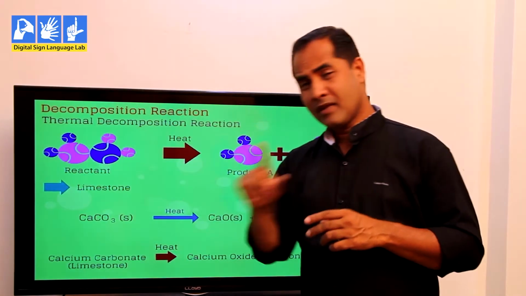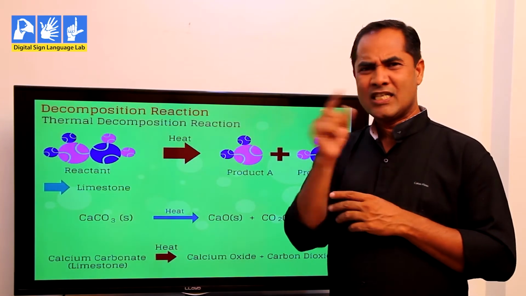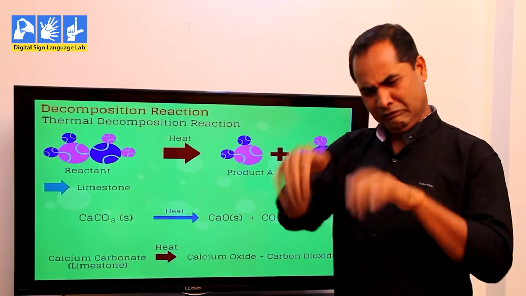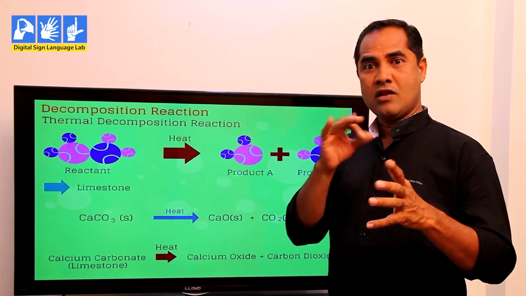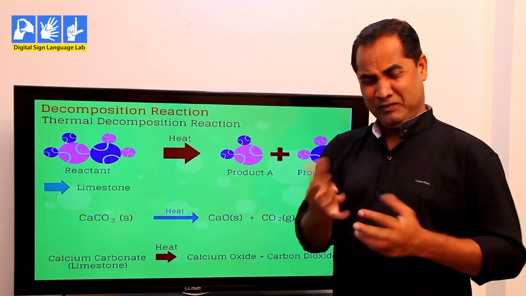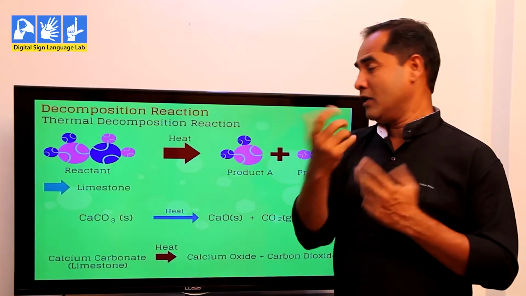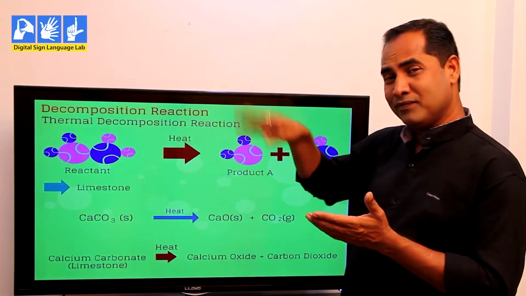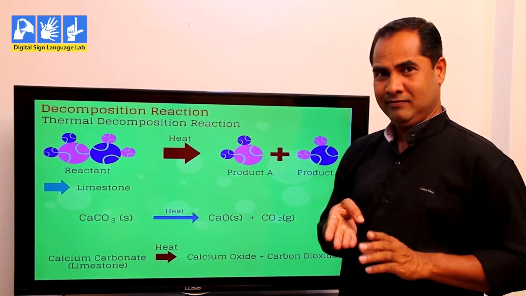You all must be knowing about limestone. It's same as the chalk that we use in the house. It's one of the minerals that we get from inside the earth. If you take this limestone and you heat, you get two products. One is calcium oxide, called lime, that you actually use in painting.